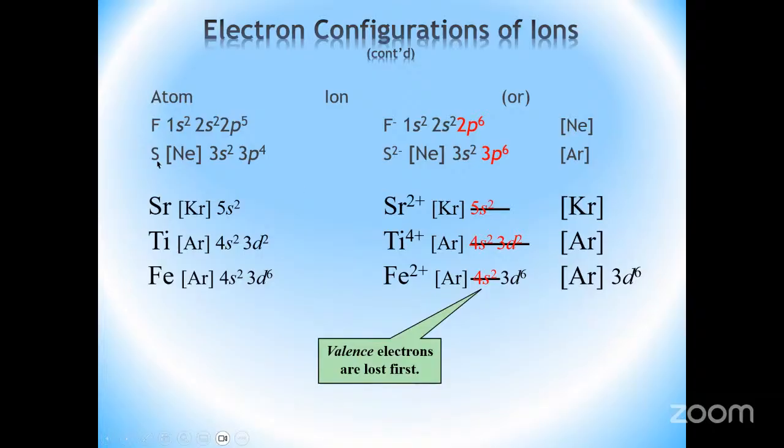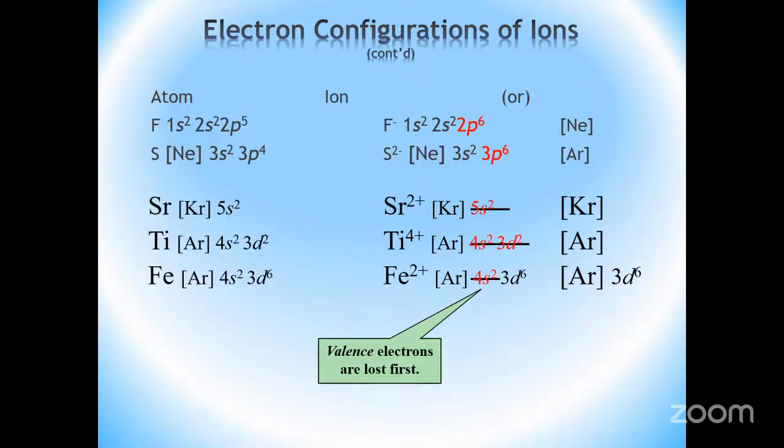In the case of sulfur, this is the abbreviated electron configuration. To get from sulfur to the sulfide ion, you add 2 electrons, and those 2 electrons will be added to the 3p sublevel, so that would increase from 4 to 6, and this has the same electron configuration as argon, all right?